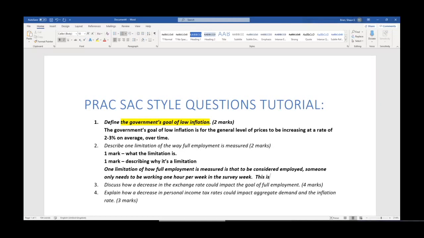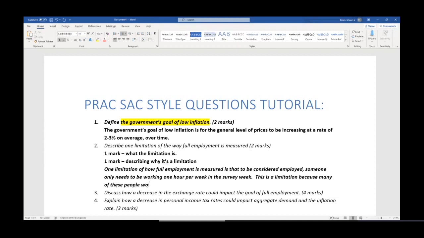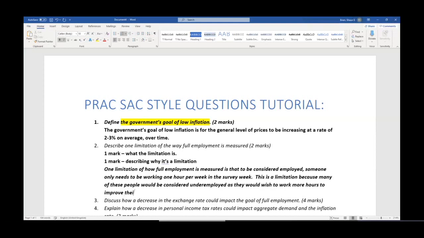This is a limitation because many of these people would be considered underemployed as they would wish to work more hours to improve their living standards.